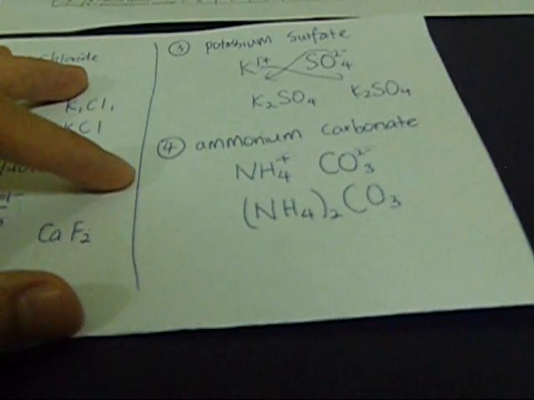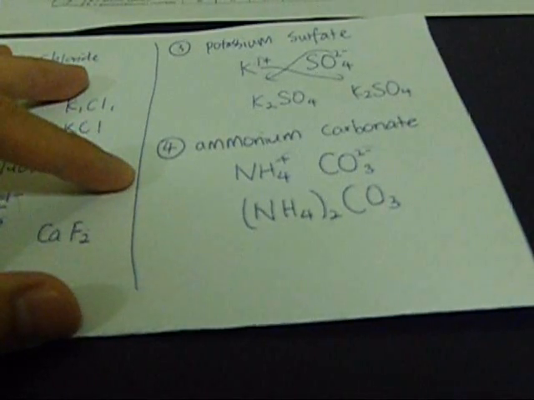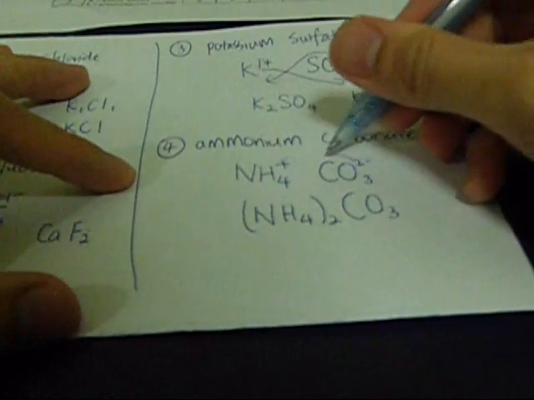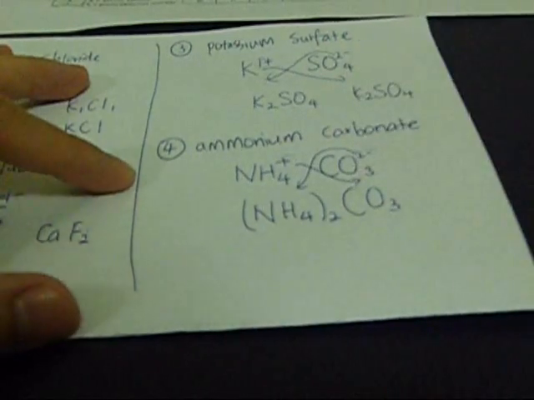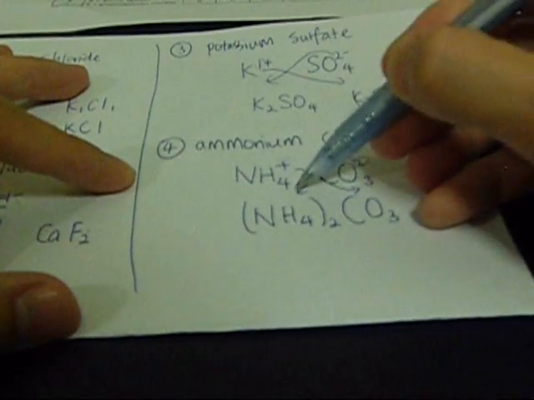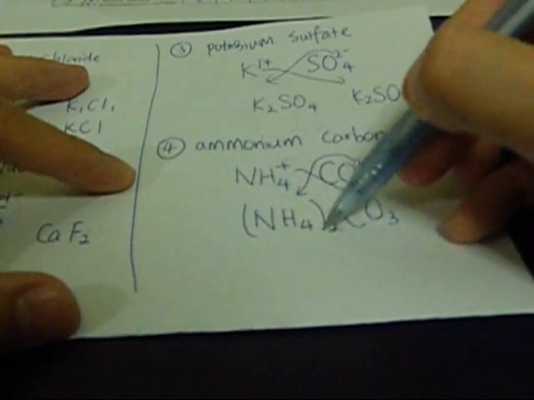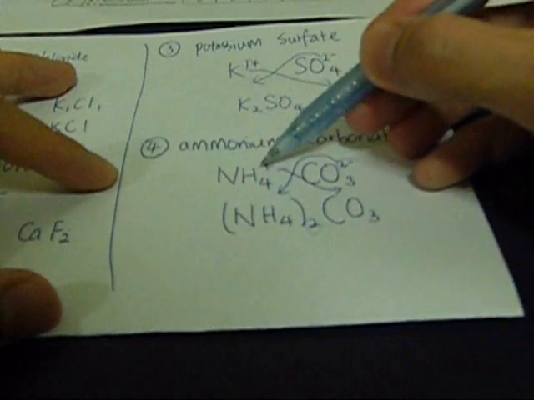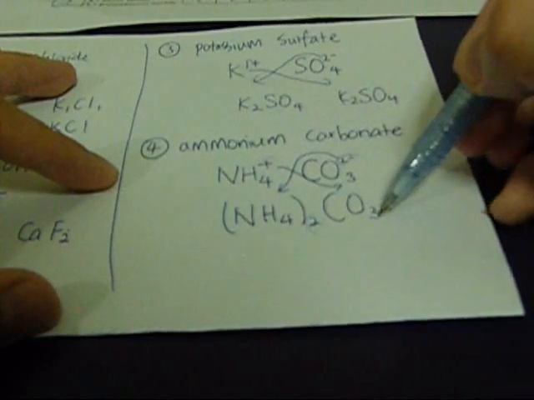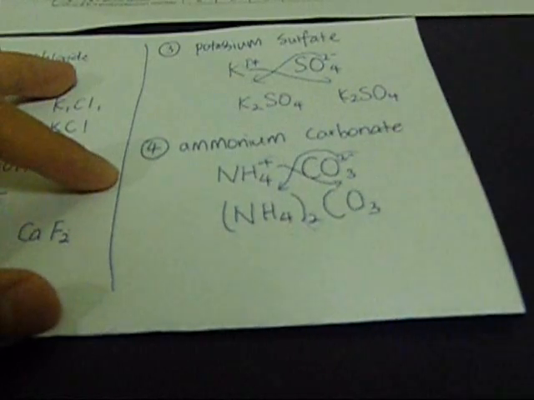So this would be the formula. Again, if you want to use the cross multiply, you can just do it like this. So 2 is a subscript for NH4, and this 1 is the subscript for carbonate. There is a 1 here, but again we don't write the 1.